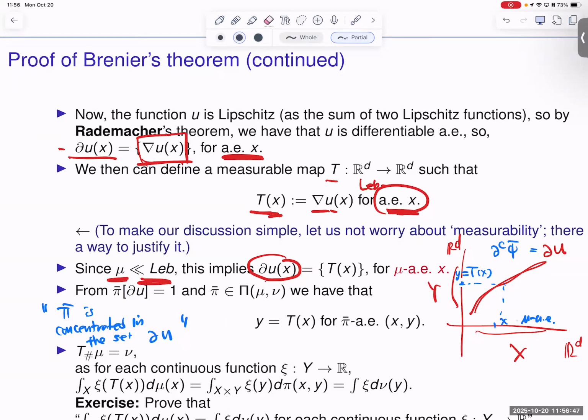So that means pi bar is some measure here. It doesn't have any mass outside this set. Having mass somewhere here is not allowed. The mass of pi bar is only inside the set.